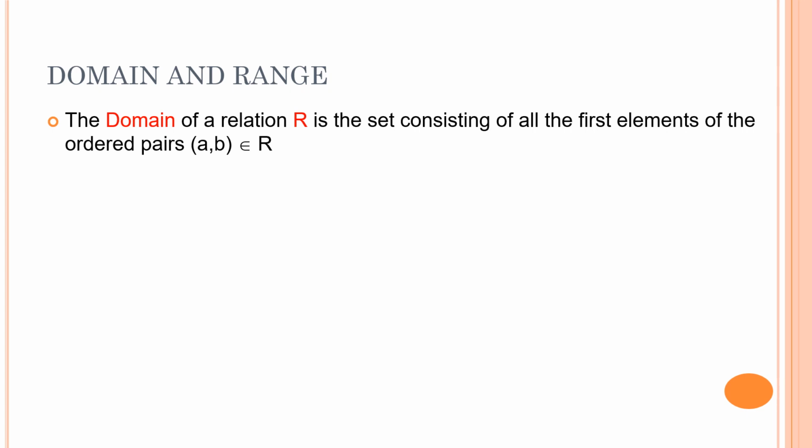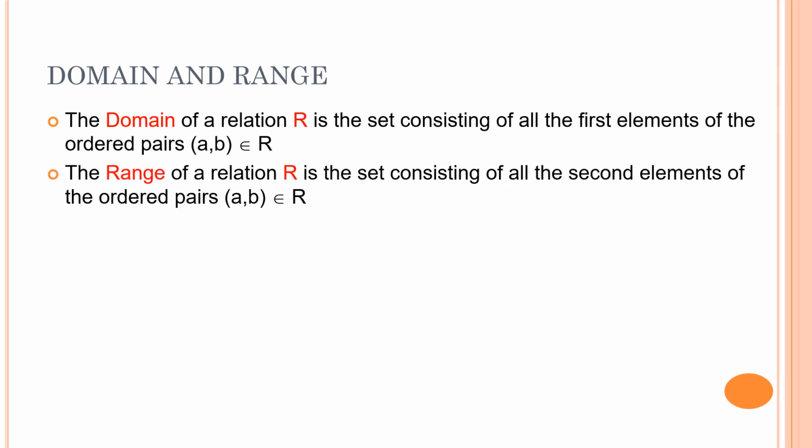Now the set of all the first elements from the relation pairs is called the domain. And the set of all the second elements from the relation pairs is called the range.